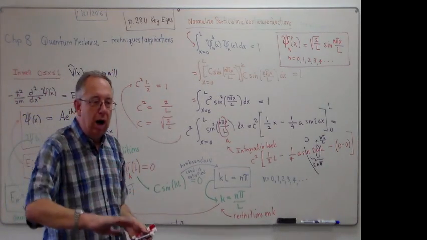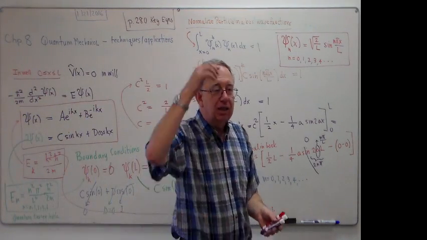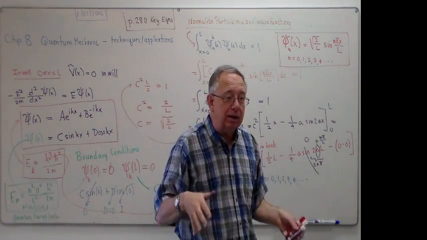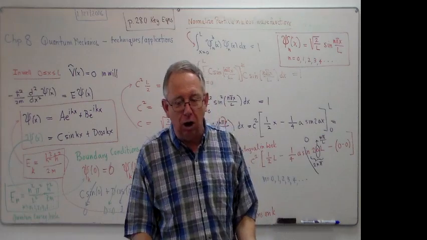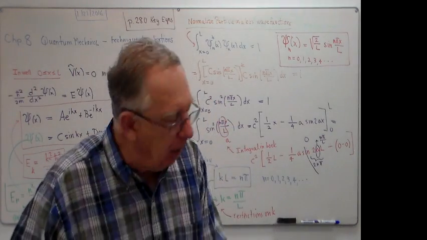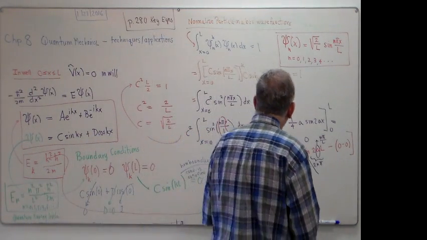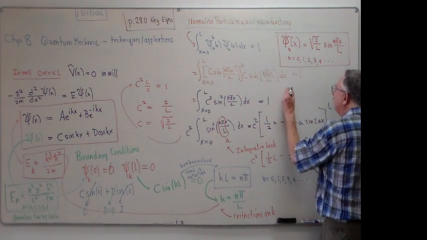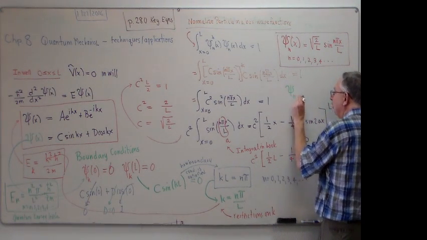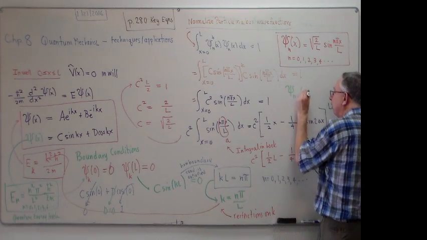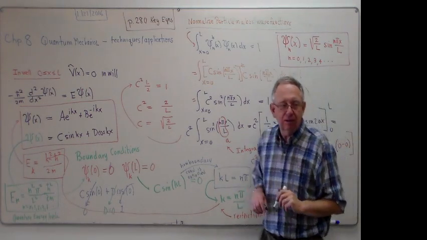Now, there's one last thing that we've got to do before we quit this lecture. This one's subtle, but it's darned important. What does the wave function psi n equals 0 of x look like?